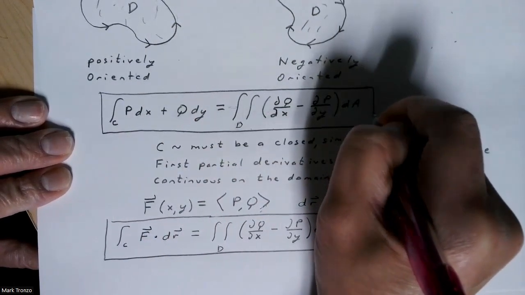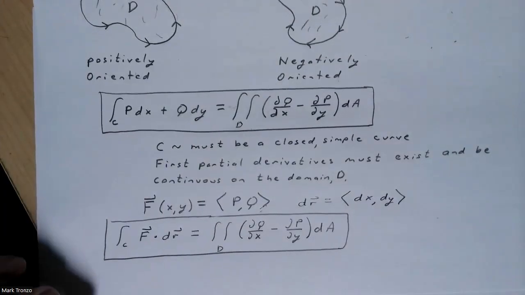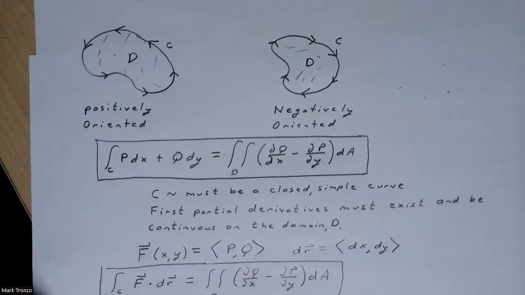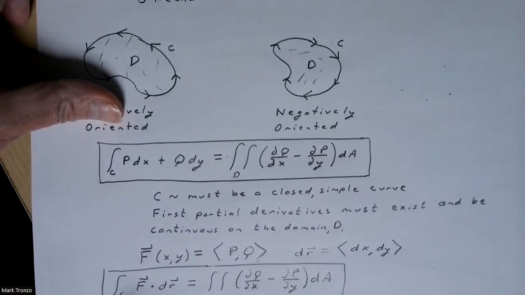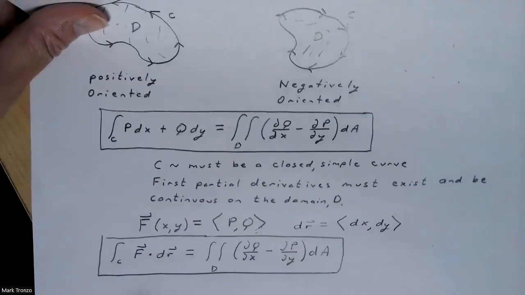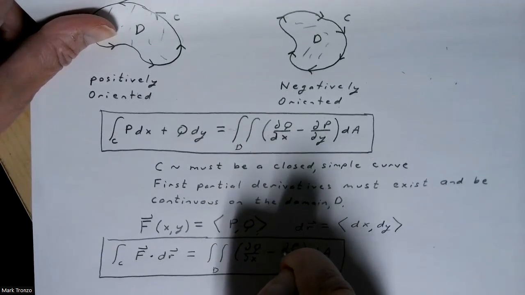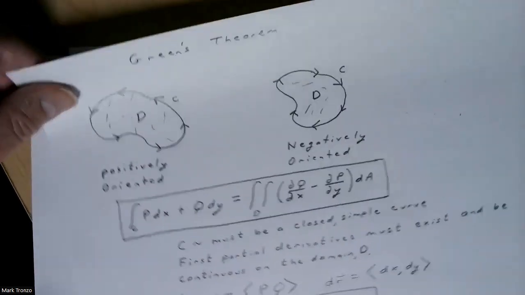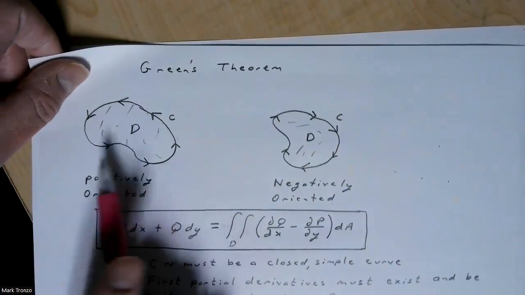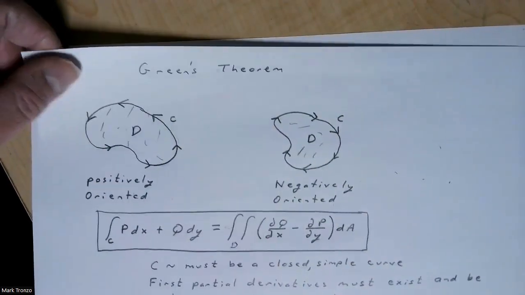And the other thing to note is that Green's theorem is a theorem for two dimensions. We just have two dimensions, like say x and y are independent variables, and this surface is in two dimensions.